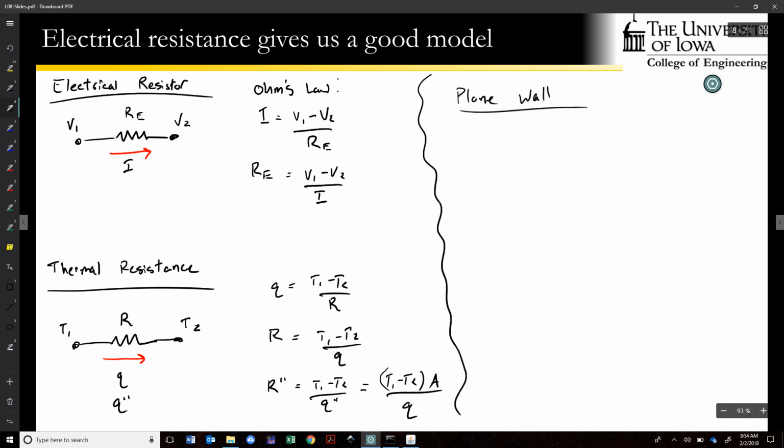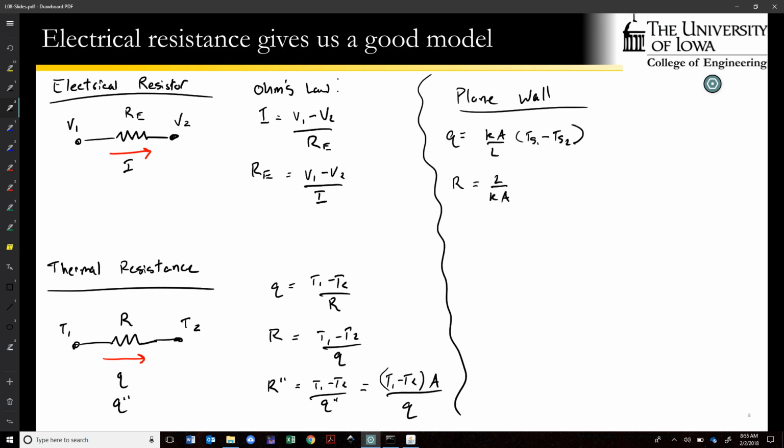So we're going to concentrate first on the plane wall, and then we'll come back and look at the radial systems. The idea with the plane wall is that Q is equal to KA over L times TS1 minus TS2, which tells us that R is equal to L over K times A. That is, if you have a wall of some given material with thermal conductivity K, this is pretty intuitive.